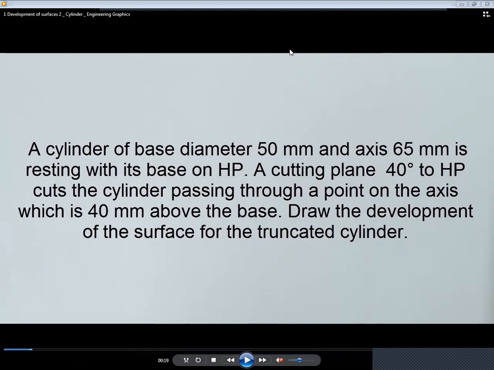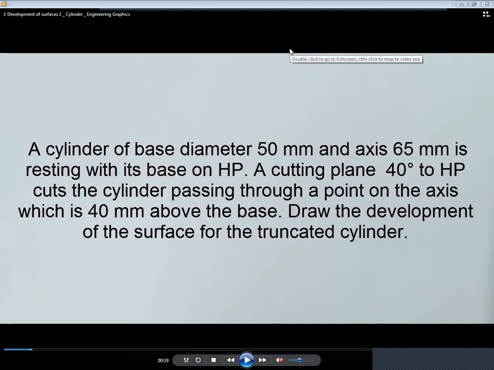on the ground floor, and this cylinder is cut by an auxiliary inclined plane, or we can say cutting plane. At what angle? 40°. The cutting plane is inclined at 40° to horizontal plane. And where does it cut the cylinder? Through a point 40 mm above the base.